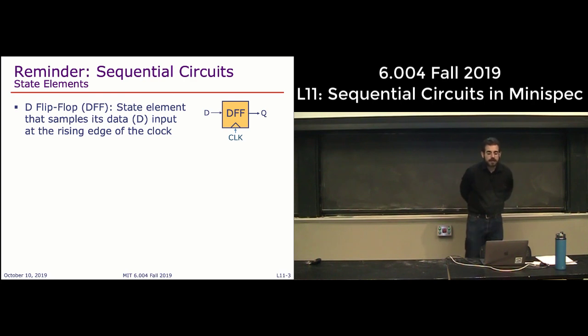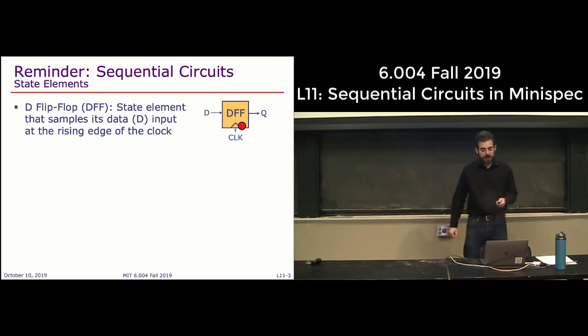But first, let me go back and just start with a short reminder of the previous lecture. The previous lecture was all about introducing sequential circuits, and the first order of business was, how do you implement these state elements that we need? How do you implement these loadable memories? And so we ended up with this component, right?